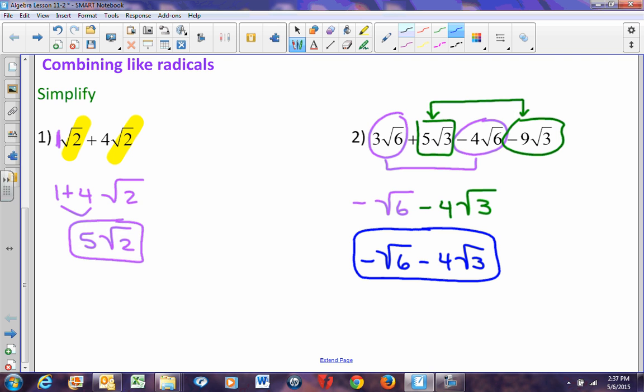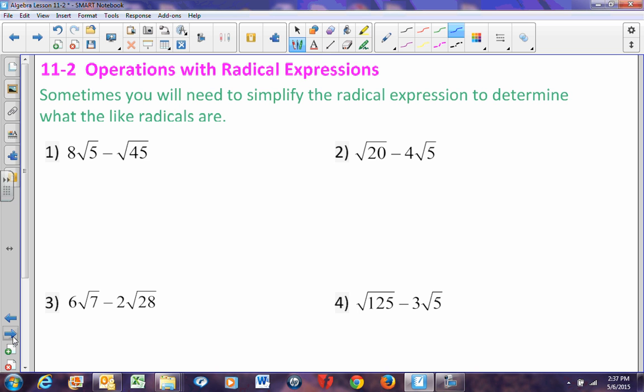Now, if I don't have like radicals, you'll need to simplify a radical expression to see if maybe once you simplify it, you will have like radicals. This is what we need to look at a lot of times when we are looking at our radicals. So if I have 8 square roots of 5 minus the square root of 45, I have no idea if I can add or subtract these until I simplify the square root of 45.